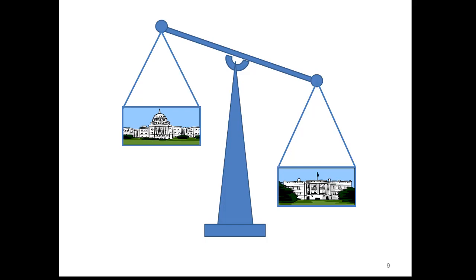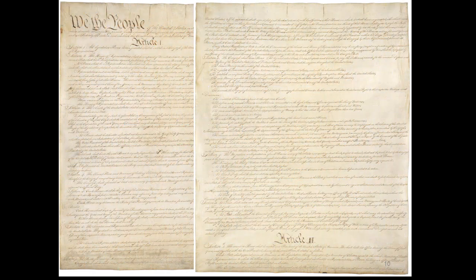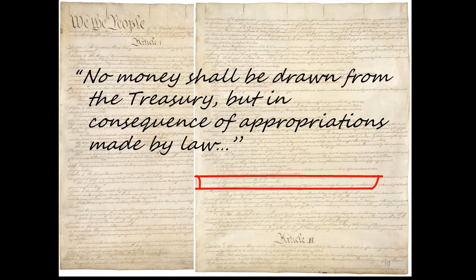But let's get back to rule number 1. It arises from Article 1, Section 9 of the Constitution, which tells us, "No money shall be drawn from the Treasury, but in consequence of appropriations made by law." In other words, if Congress doesn't appropriate it, we can't spend it.